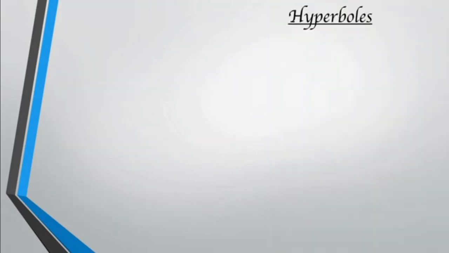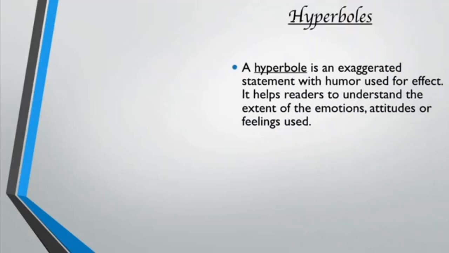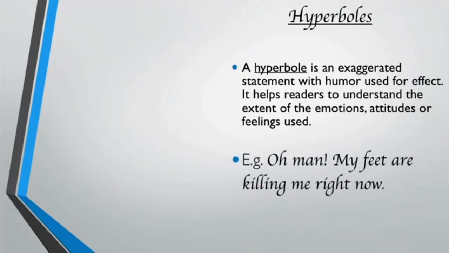And lastly, let's go over hyperboles. A hyperbole is an exaggerated statement with humor used for effect. It helps readers to understand the extent of the emotions, attitudes, or feelings used. So let's look at our example sentence.